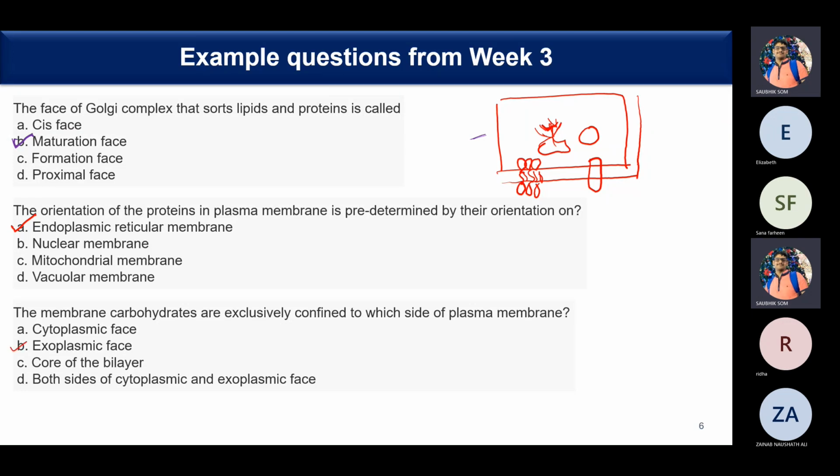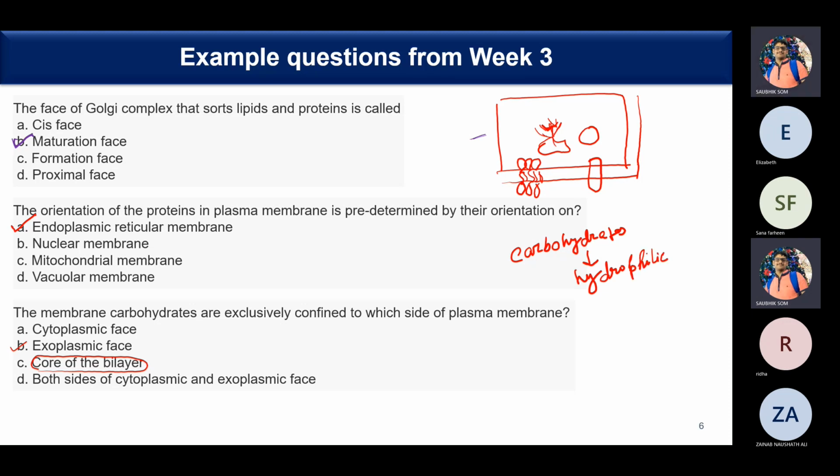Now, the core of the bilayer will never happen, because carbohydrates are polar molecules, right? Carbohydrates are not hydrophobic molecules; they are always hydrophilic molecules, correct?